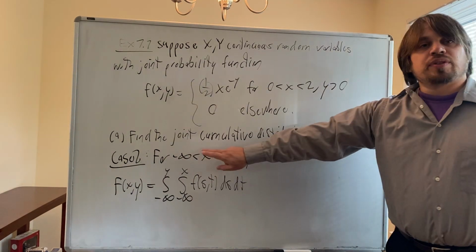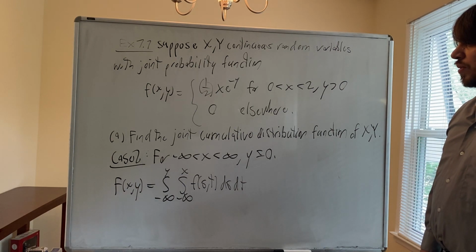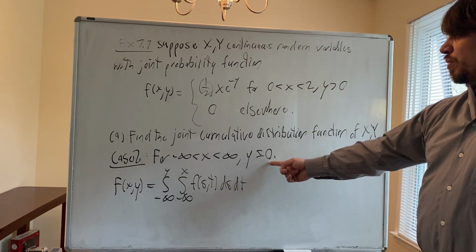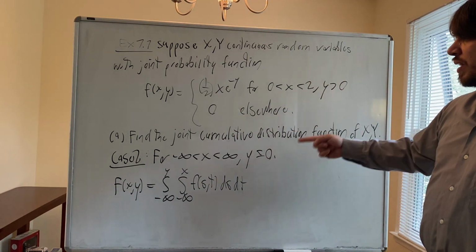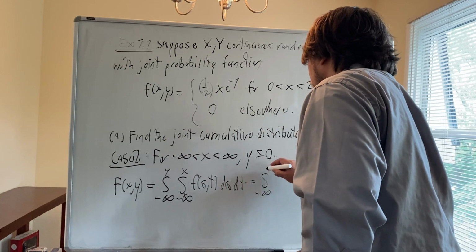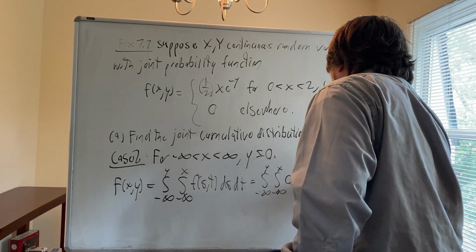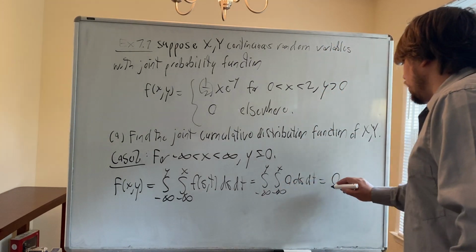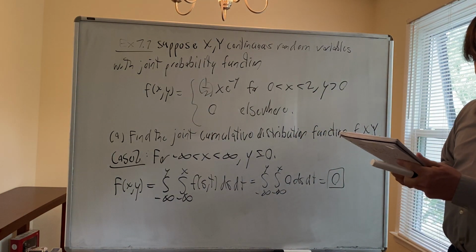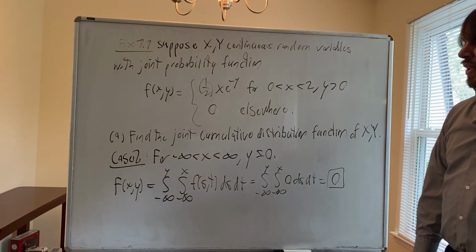Now for these values of x and y, little f is also 0, because y is less than or equal to 0, so y is not positive. So this is equal to the same integral, 0 ds dt, and that integral is 0. And so capital F is 0 here. So that's case 2.